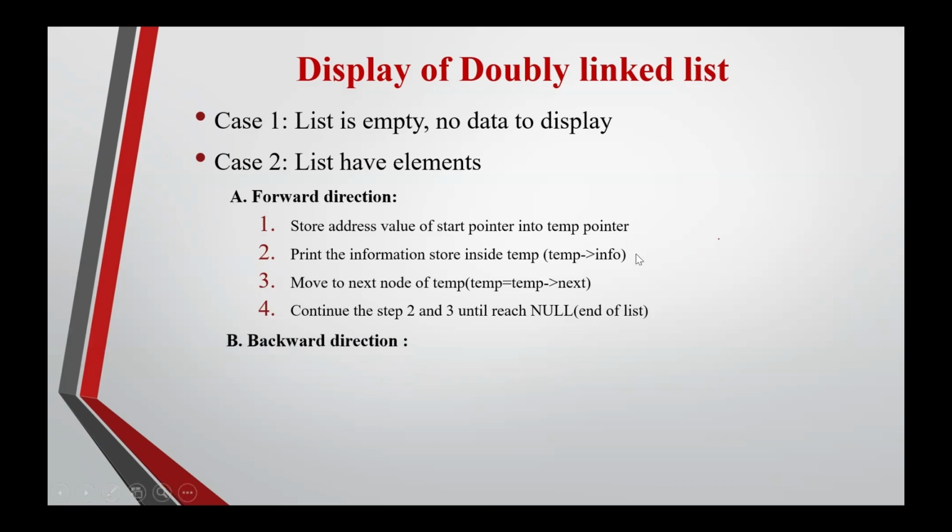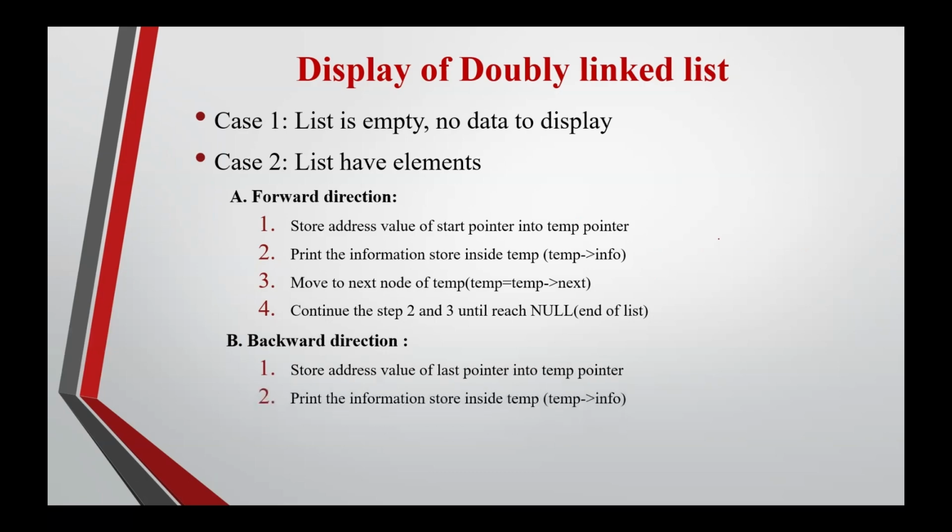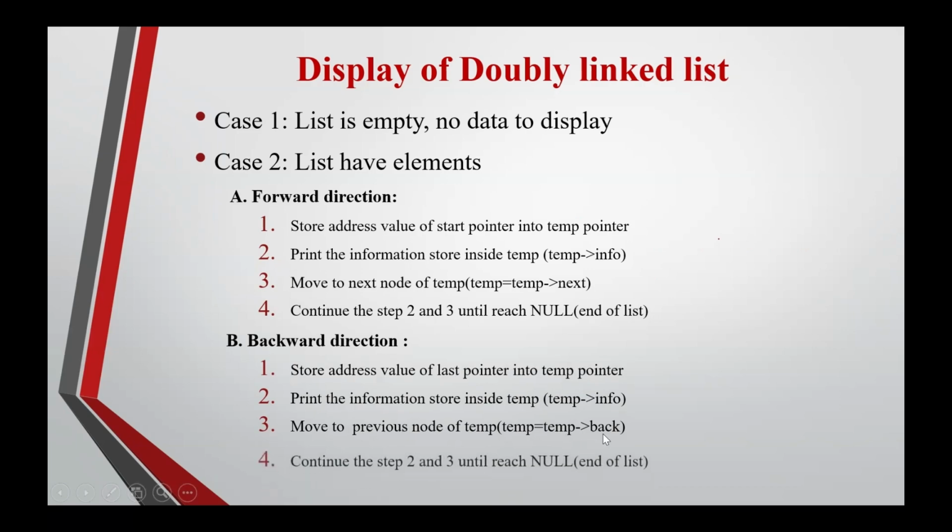If we want to go backward, we store the temp pointer value of the last, because we are traversing backward. Then print the information stored inside temp info, and move to the previous node with temp equal to temp back. Here, for forward, we perform temp equal to temp next. Here, for backward, we perform temp equal to temp back. Then continue steps 2 and 3 until we reach the end. So this is the way we can do it.